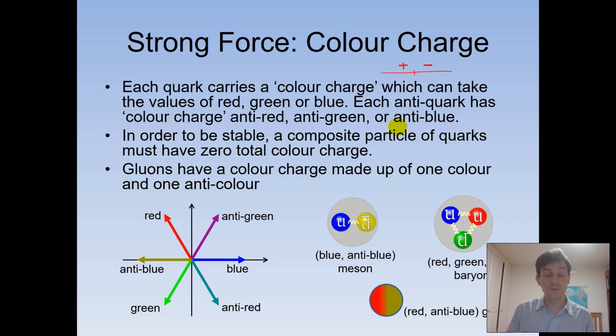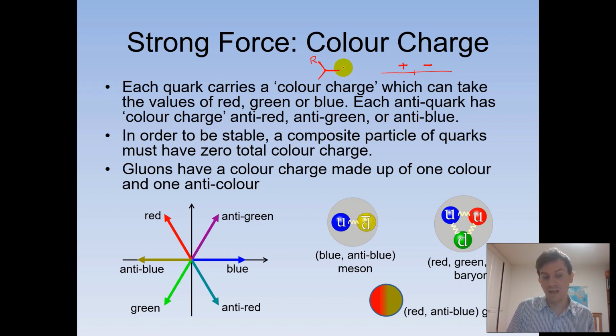But for the color charge, it turns out that there are kind of 3 directions you can go on, which are arranged in some sense in a triangle like this, 120 degrees. And to work out the total color charge, you add together these 3 different vectors. Okay, so you can't just call them plus or minus because there's 3 of them. So they have 3 different names, and it's chosen to name them after the primary colors.